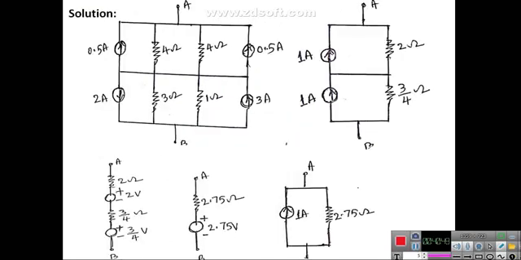Here the voltage source in series with the resistance can be converted into a current source. Similarly, this current source in parallel with the resistance, and this current source in parallel with the resistance. This is how you can redraw the given network after converting the voltage sources into current sources.